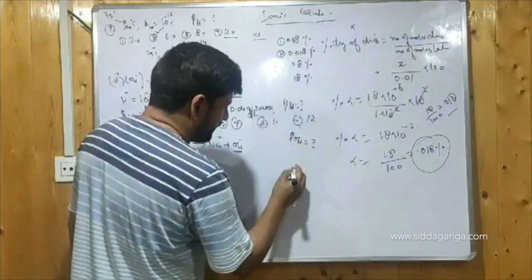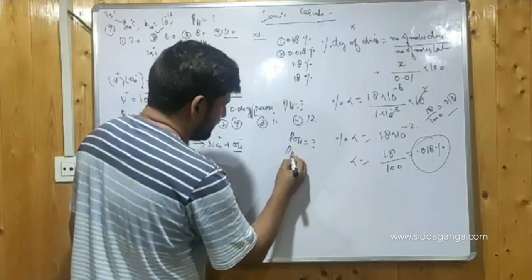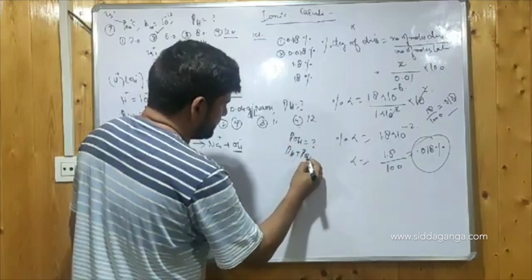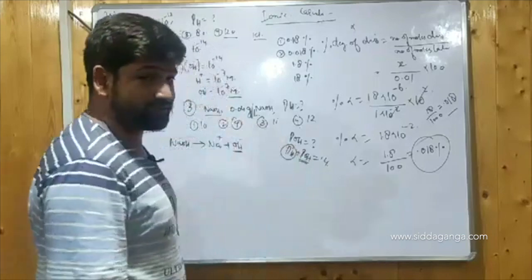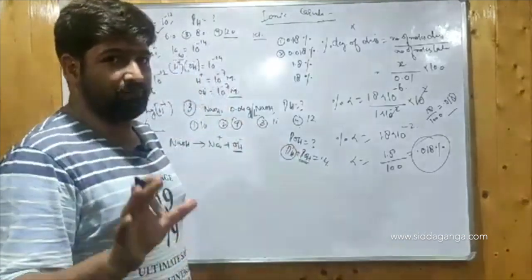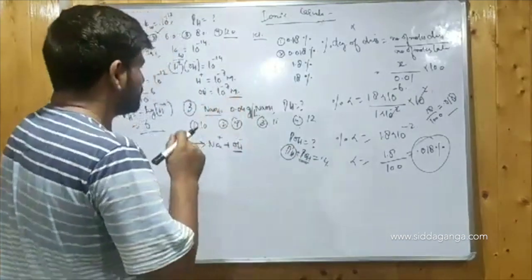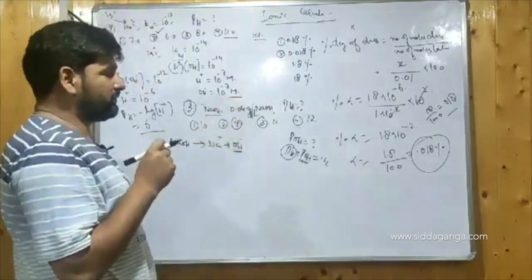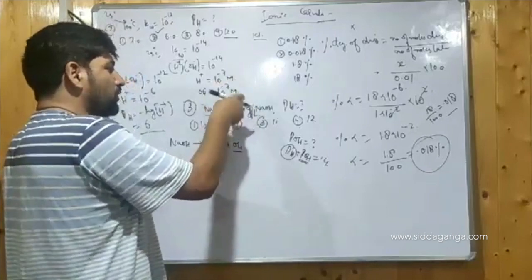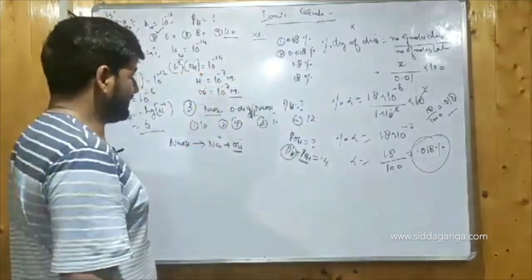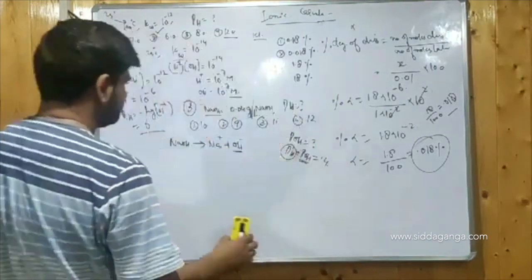Once I am done with pOH, in aqueous medium pH plus pOH equals 14. Once pOH is done, I can easily calculate pH. Clear? That's the basic fundamental rule behind this question. So we have been given mass, so we will see the number of moles of NaOH that are given to us.